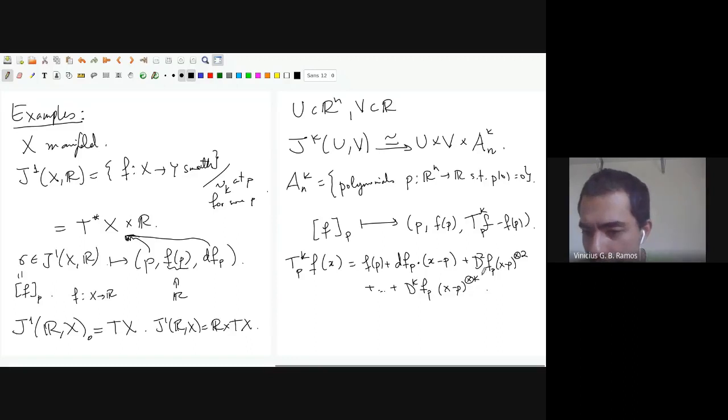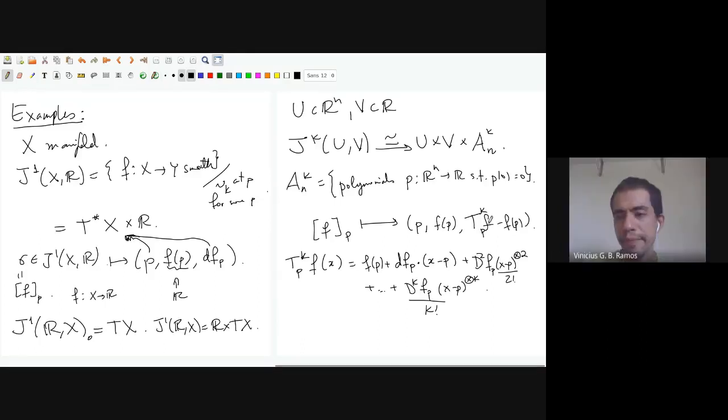And I forgot to divide by factorials. Okay? So, it's an exercise to see that this map is well defined and it's actually a bijection. To see that it's a bijection, all you have to see is that given any polynomial, you can find a function such that the Taylor polynomial of that function at the point P is that chosen polynomial.